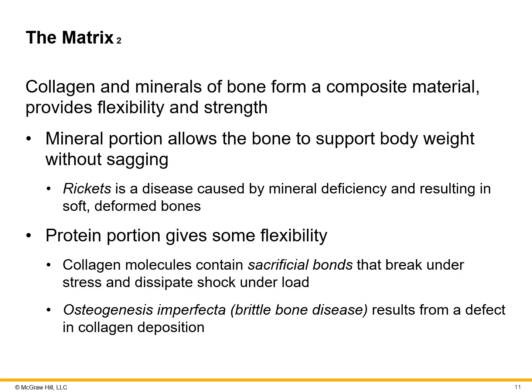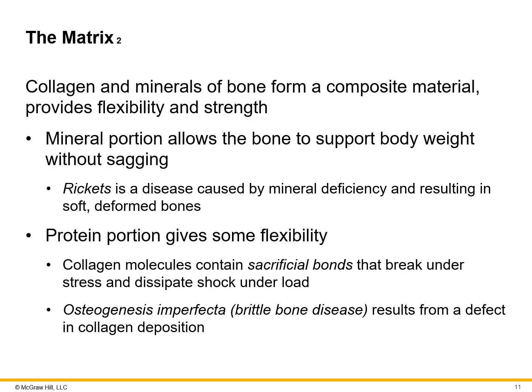But normally, when a bone bends slightly near one side, the tensile strength of the collagen fibers on the opposite side holds the bone together and prevents it from snapping like a stick of chalk. Collagen molecules have sacrificial bonds that break under stress, protecting a bone from fracture by dissipating some of the shock. These bonds will reform when the collagen is relieved of stress.